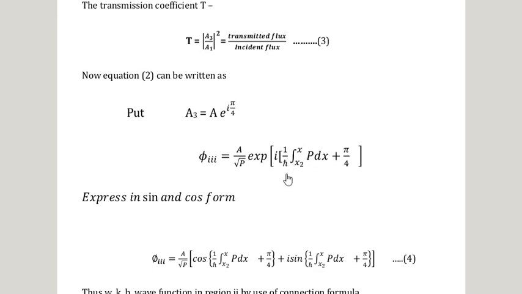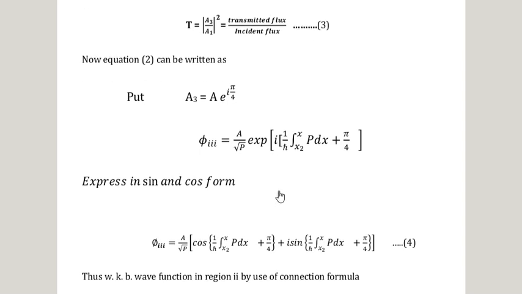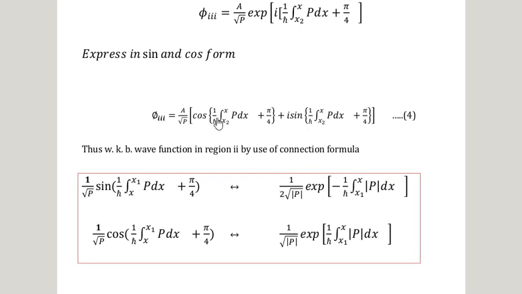Now this equation is expanded in sine and cos by use of De Moivre's theorem, that is A upon root p cos of 1 upon h cut integral x2 to x p dx plus pi by 4 plus i sine of 1 upon h cut integral x2 to x p dx plus pi by 4. Now apply the connection formula in this equation, then we get the wave function in the second region. The first term is cos of 1 upon h cut integral x2 to x p dx plus pi by 4.